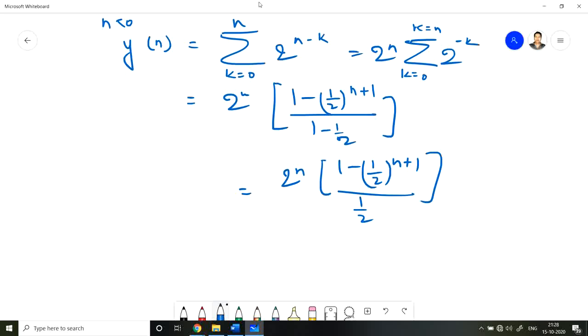So this 2 will go upward, and the final solution for this is, so we can solve it. So this is 2 raised to the power n plus 1, 1 minus 2 raised to the power minus n plus 1.